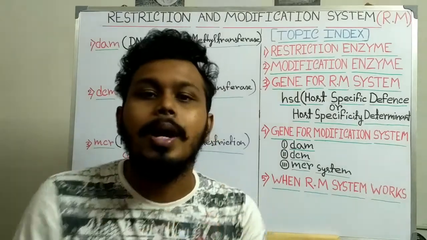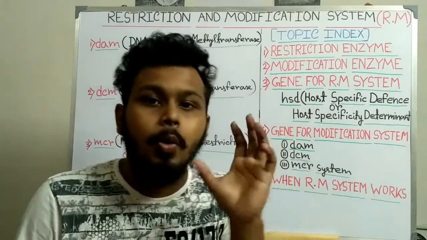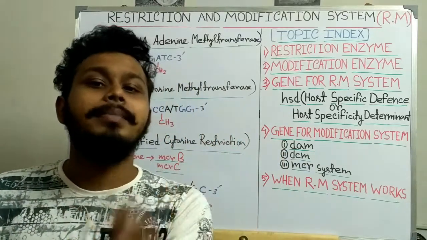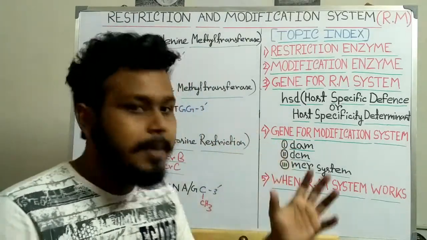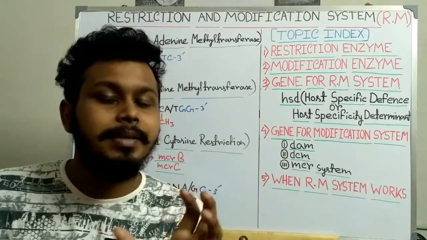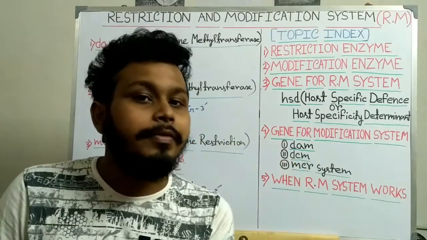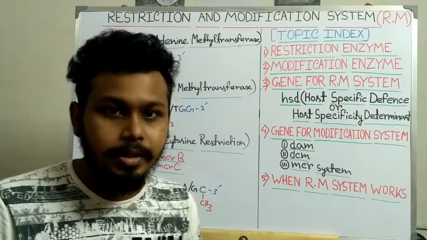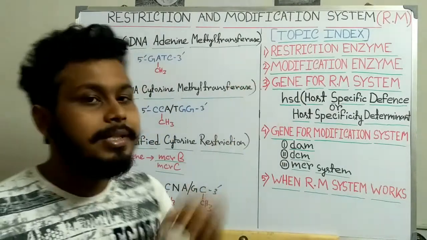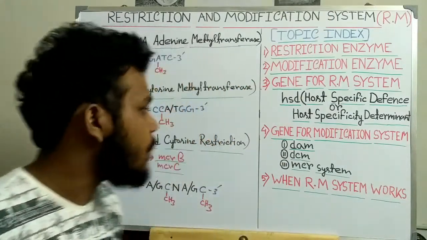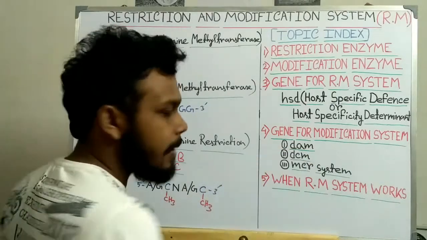Now I will discuss the genes for only the modification enzyme system. That means this type of modification enzyme system only modifies the DNA by methylation, but they don't have the restriction property. At first I will discuss the DAM gene.